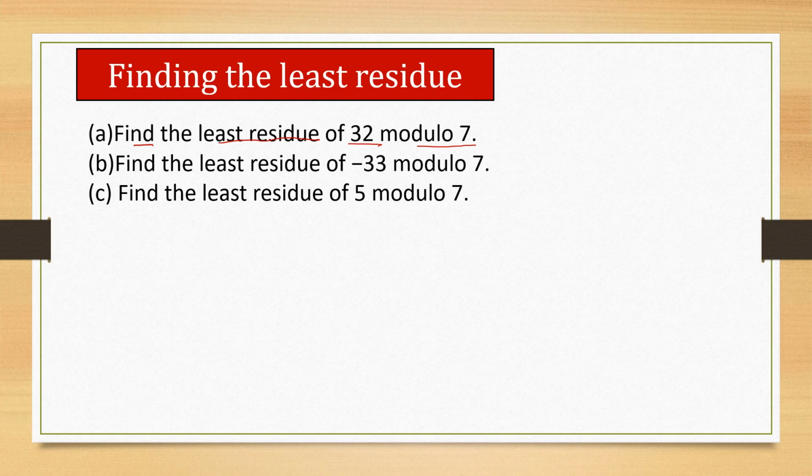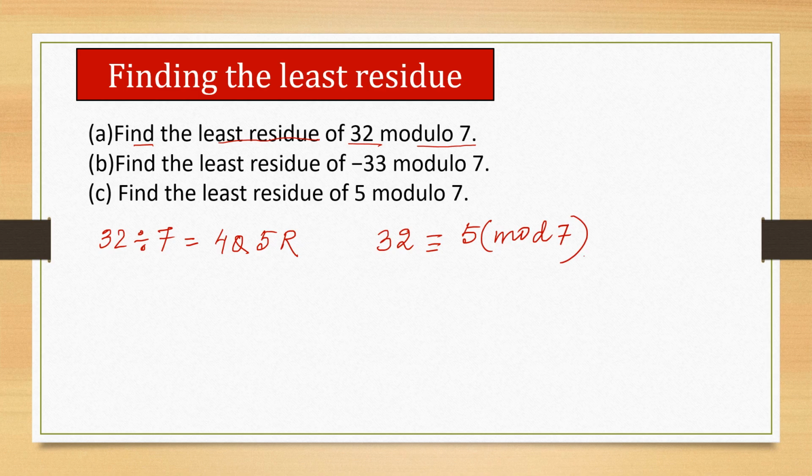When 32 is divided by 7, 4 is the quotient and 5 is the remainder. So I will write 32 is congruent to 5 modulo 7. The least residue is 5. That is the first one. Now coming to the second one.